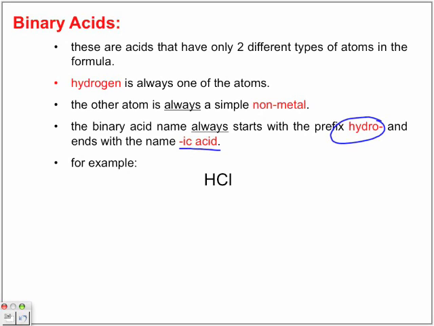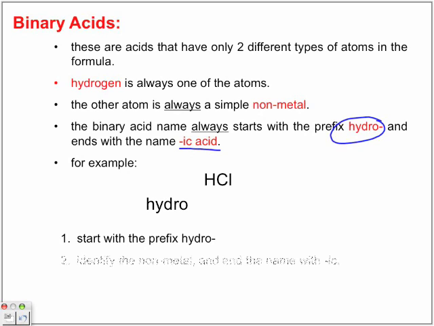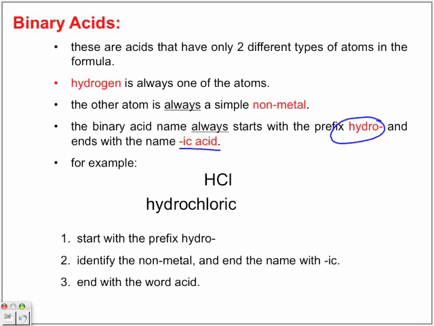Hydrogen and chlorine. Because we're naming this as an acid, we have the hydrogen and we call it hydro, the prefix hydro. We have chlorine, so it's not a chloride, we have it as a chloric. The only other thing that's left is adding the word acid to the end. So it's hydrochloric acid.